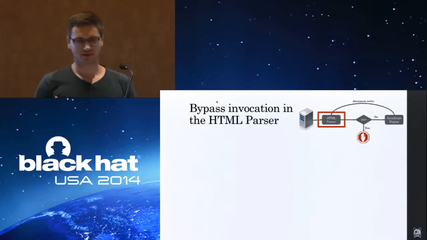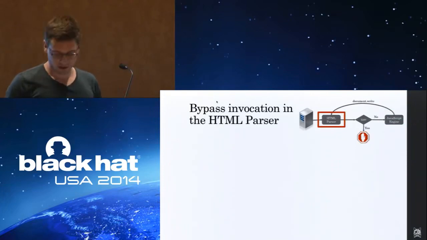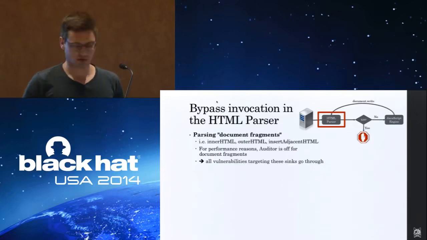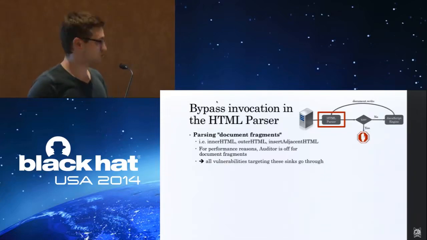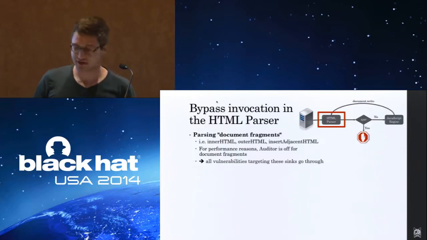Then, Martin already said it, there are also ways of getting around the invocation inside the HTML parser itself. First and foremost, as you already said, Google opted to disable the auditor for these document fragments, which is for performance reasons, which makes perfect sense in my mind.